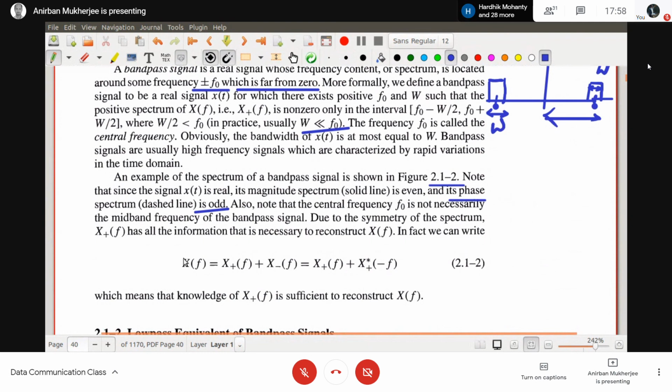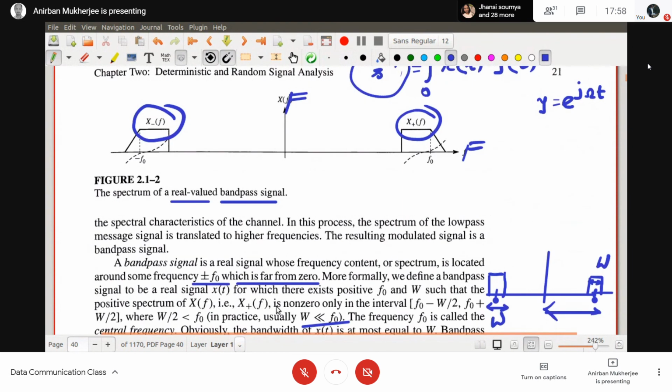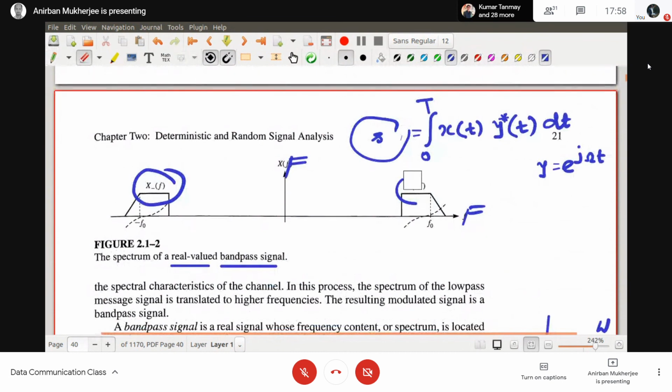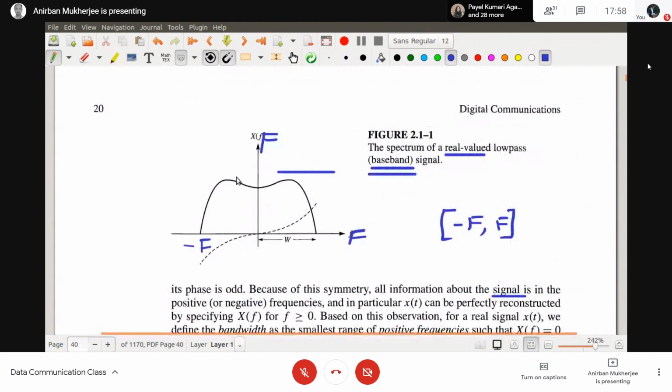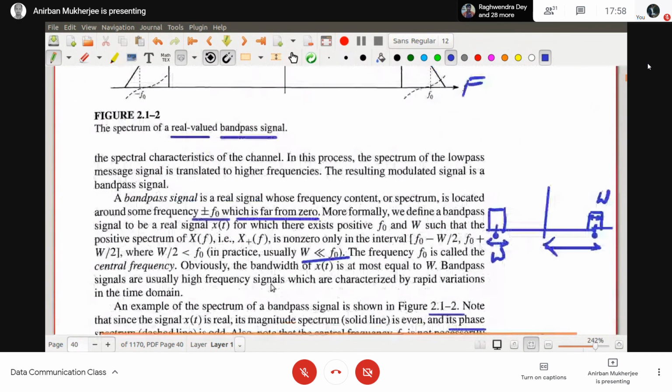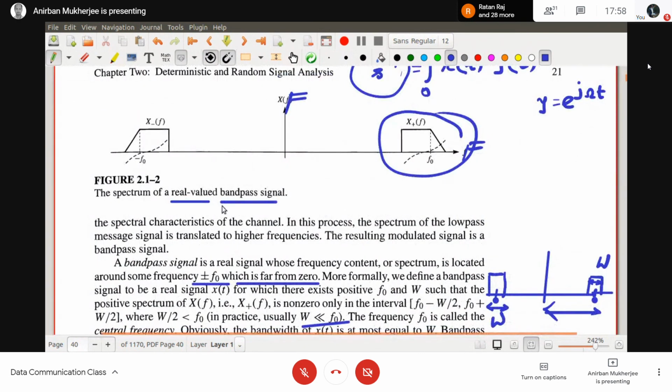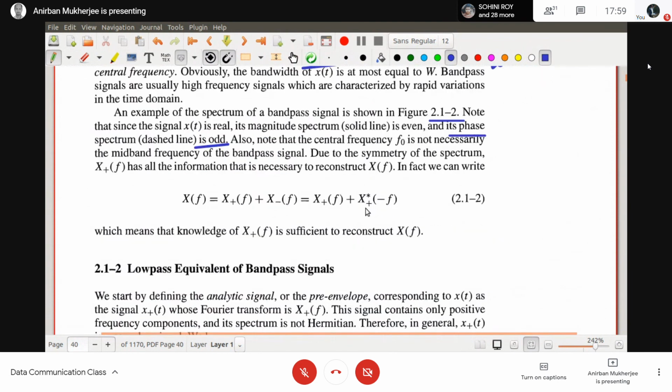And due to symmetry of the spectrum, X plus f, the basic point they are saying is that knowledge of X plus f is sufficient to reconstruct x. You are transmitting this whole information x(t), which means this side and that side. But as it is a real signal, if I transmit only one half and do not transmit the other part, my task is accomplished. This is the basic point. So the last line says that knowledge of X plus f is sufficient to reconstruct x.